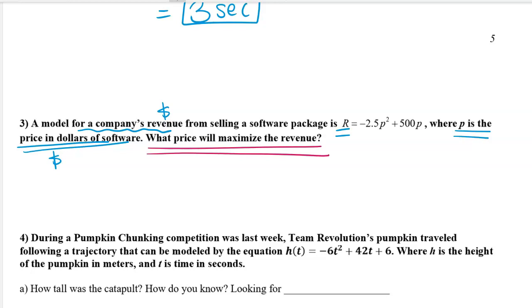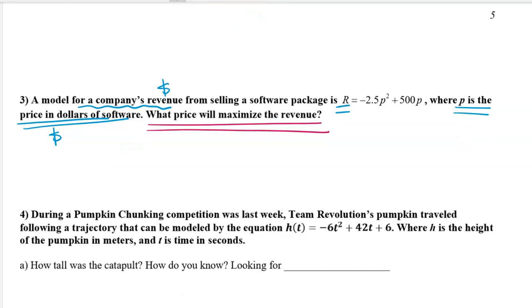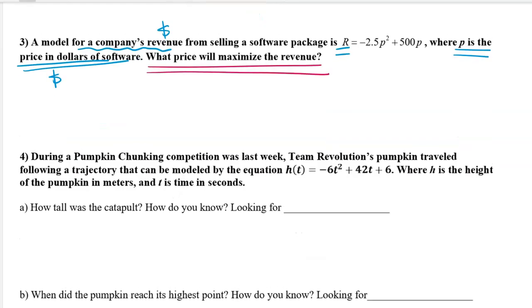So, Jasmine, what are we looking for? Is that input or output, guys? Price. Input, right? Good.